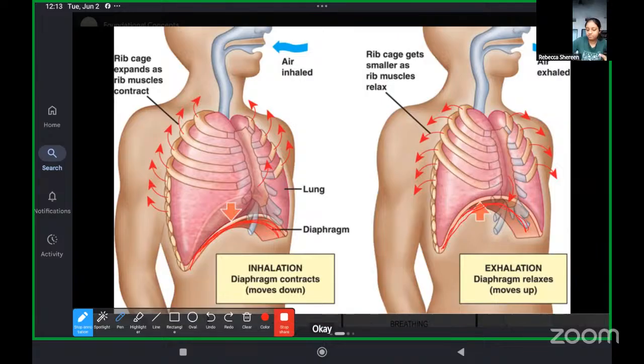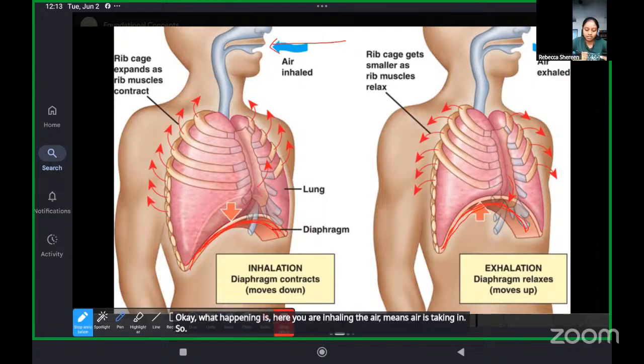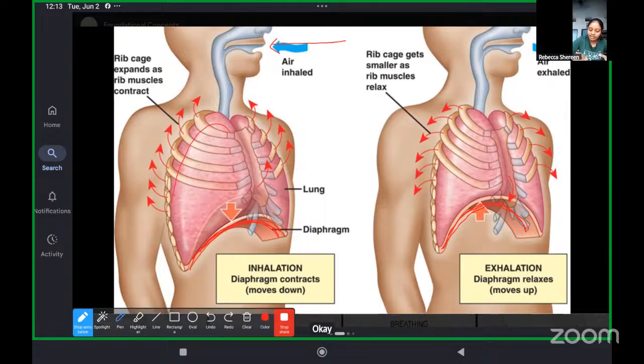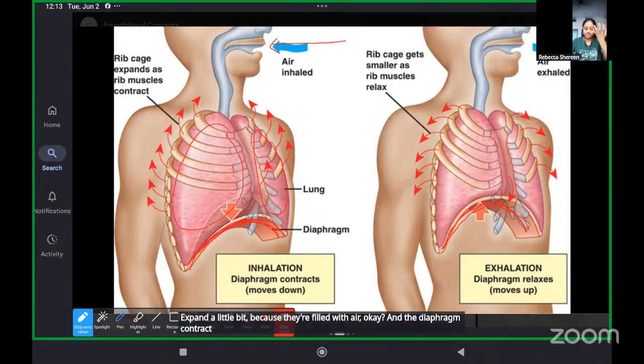Here you are inhaling, which means air is being taken in. When we inhale, our rib cage expands and the lungs fill with air. The lungs also expand a little because they are filled with air, and the diaphragm contracts and moves down.